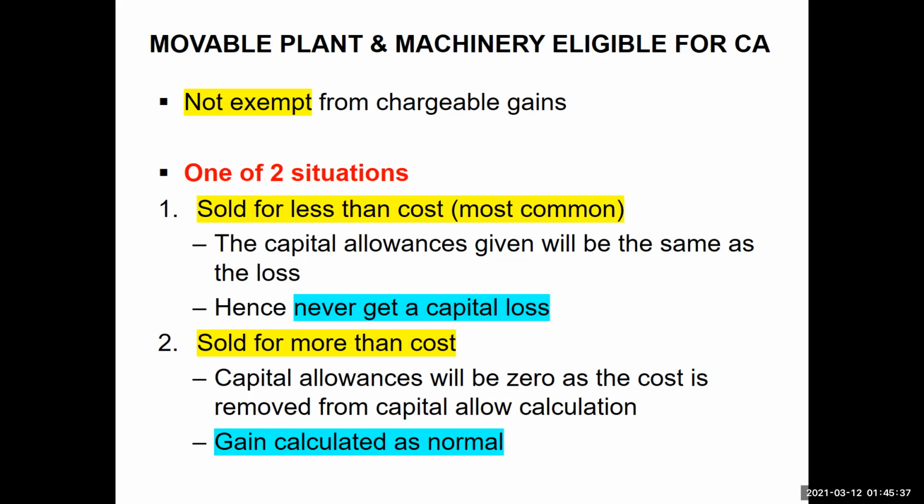So in effect, there's no capital loss, because you are claiming capital allowances for the loss you've incurred. The second situation occurs where we are selling it for more than the cost. In that case, capital allowances will be 0 as the cost is removed from the capital allowances calculation. So here, the gain calculated will be the normal gain we've always known.